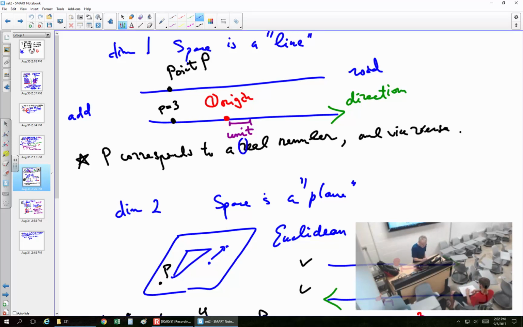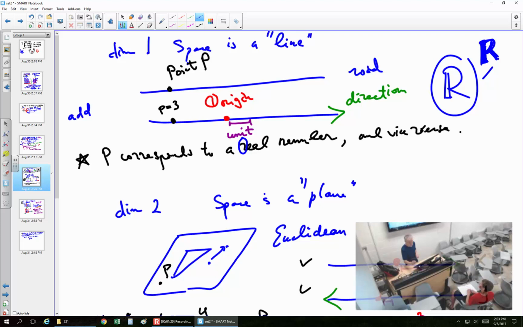So real numbers, and the notation is R. It's not just any R, it's a thick R, and I just write it with a hollow R. In the book, you will see it as a bold-faced R. Nothing special. It's just how you write it by hand. But that's what it means.